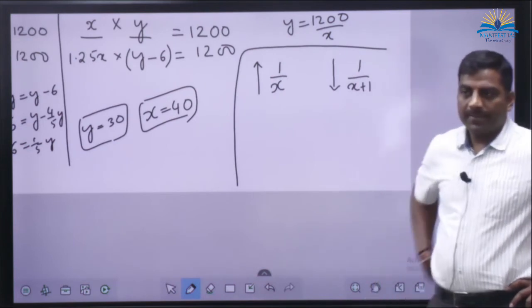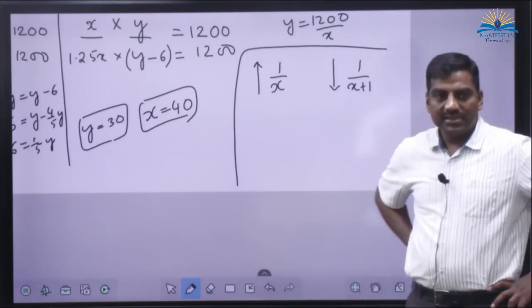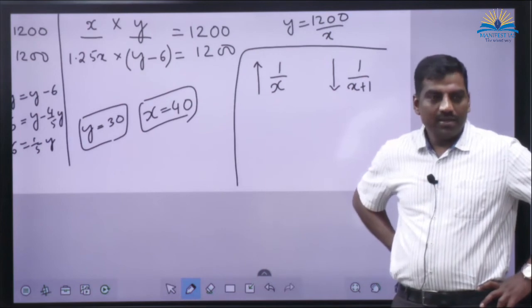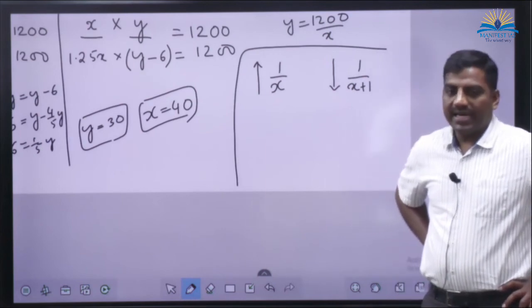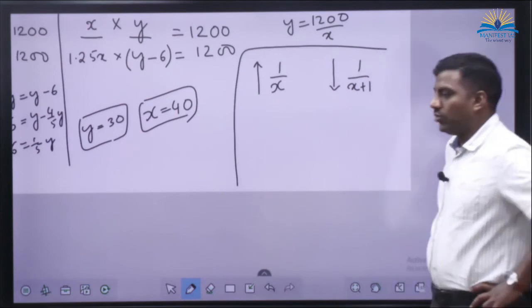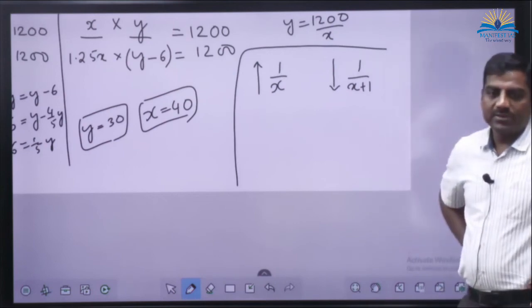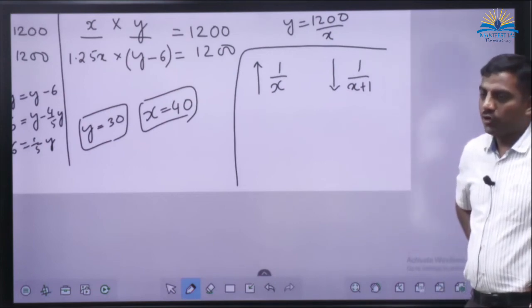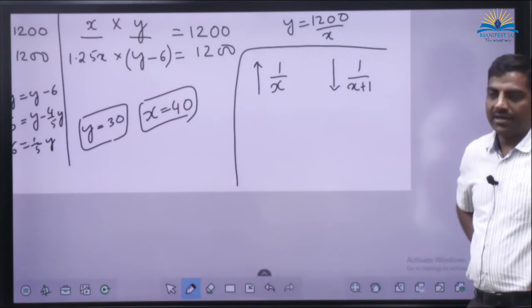Getting my point? If the price is raising by 1 by x, then the consumption would fall by 1 by x plus 1. I'll show you the demonstration right here.